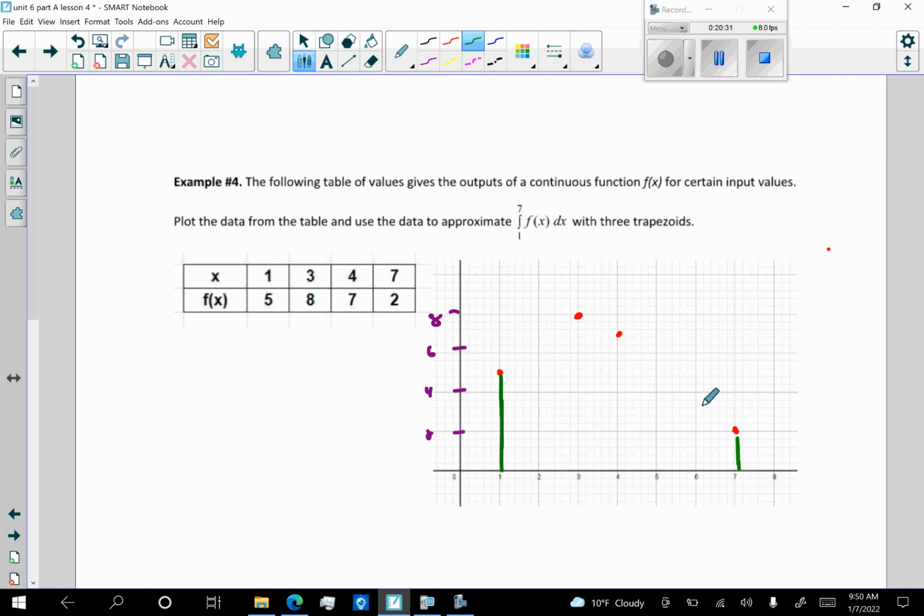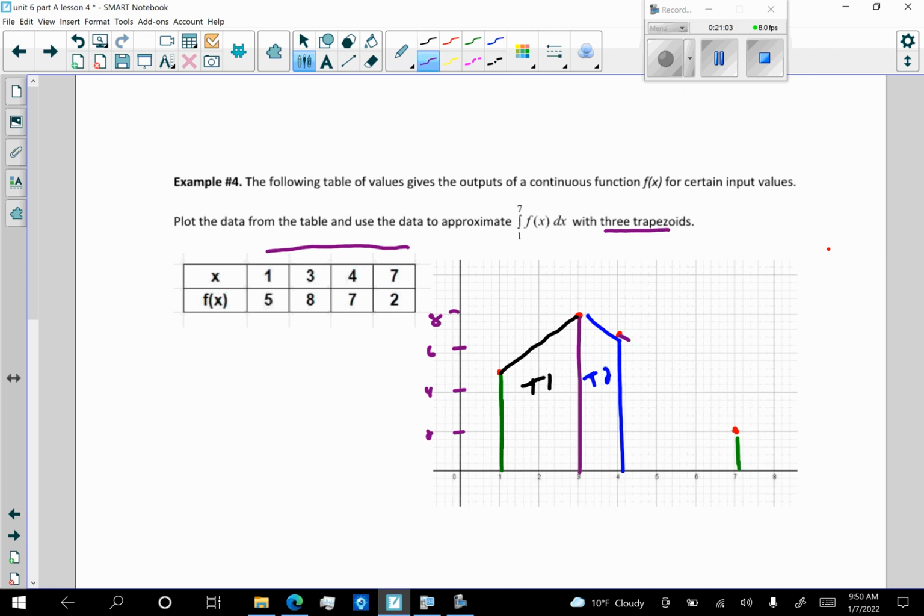What I'm going to do is sketch the trapezoids. So here's your trapezoid 1, and I'm going to use my change in x's to define my partitions. I want 3 trapezoids where I'm given 4 points. Here are my 3 partitions. This is going to be trapezoid 1 right here. This will be trapezoid 2.